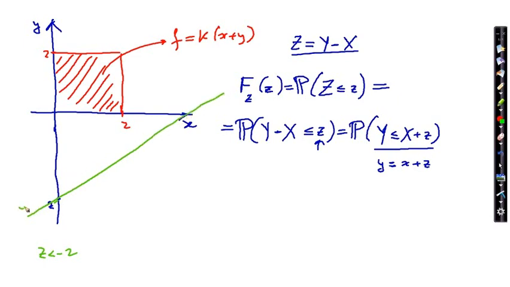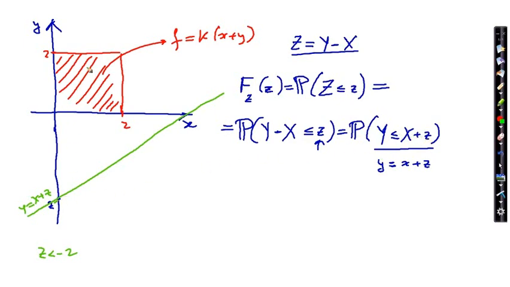So this is the equation of y is equal to x plus z. Say x plus -10, so x minus 10, this is the equation of y is equal to x minus 10. And we are interested in the probability that y is under that line, y less or equal than x plus z.